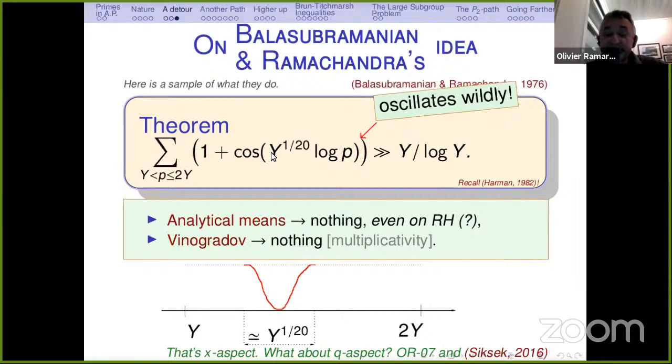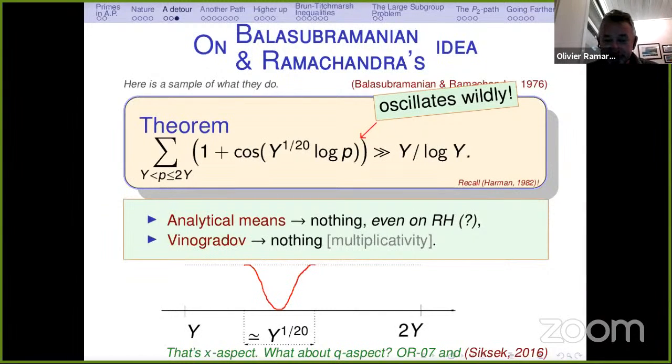So how to prove that it's not equal to -1? Well, if you use analytical means, the derivative of log p is 1 over p. So essentially, it varies in intervals of length y to the power 1 over 20.